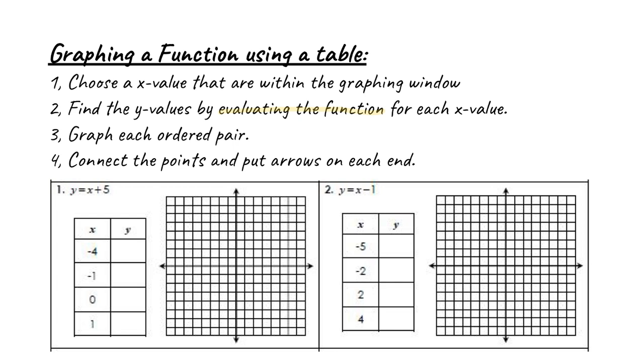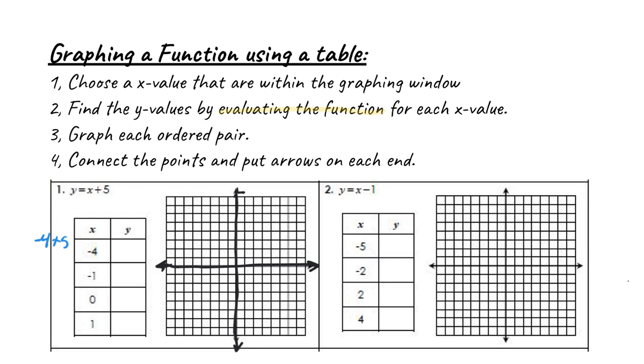and it's just not points on a graph. Okay, so if we look at number 1 here, I have y equals x plus 5. What does that mean? That means take the number -4 and put it in the equation for x. So for this one, I would have -4 plus 5.